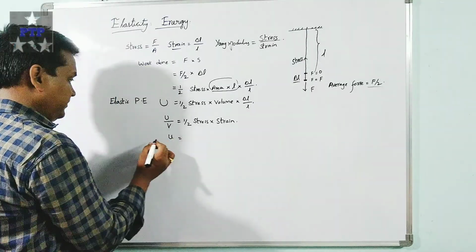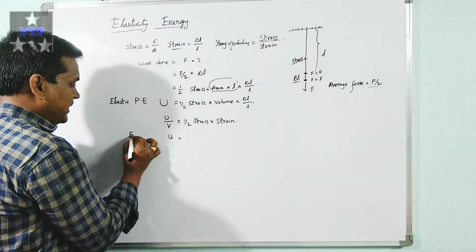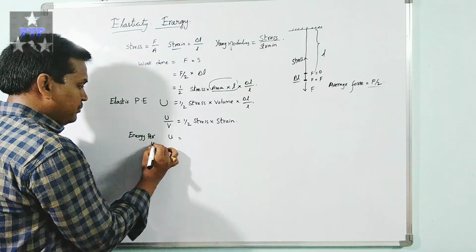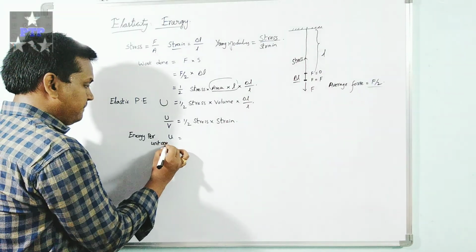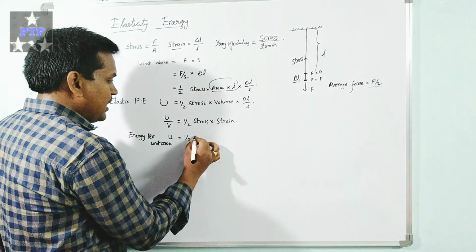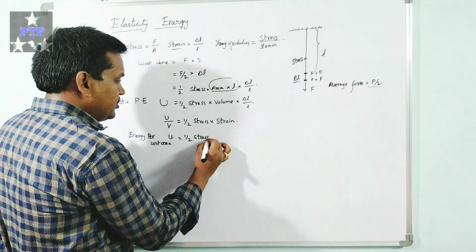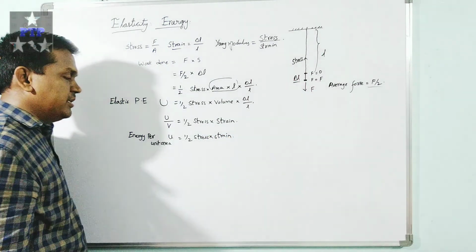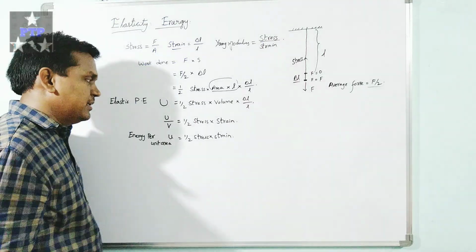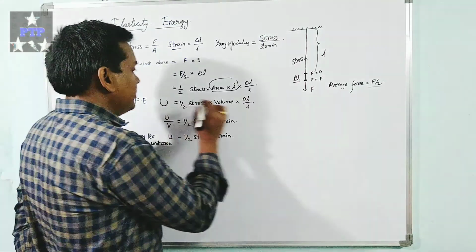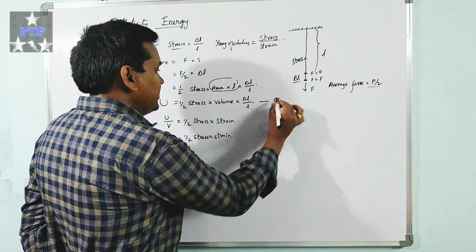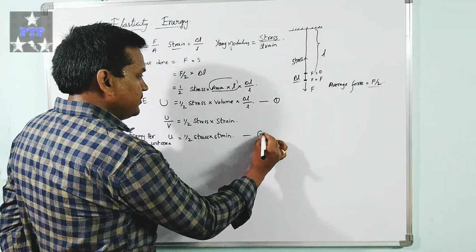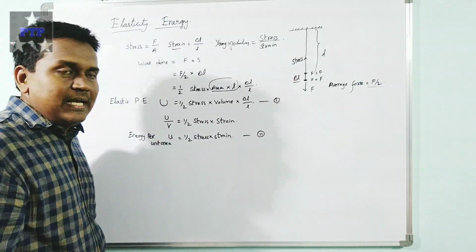Small u means energy per unit volume. So u equals half stress into strain. That is the energy per unit volume. Here we have got the elastic potential energy, and here we got the energy per unit volume. These are the two formulas for energy.